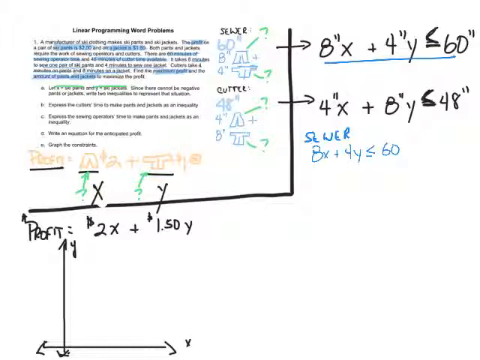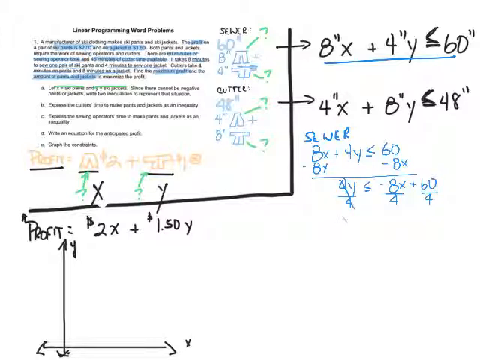So putting it into y equals mx plus b, let's subtract 8x from both sides. And I'm left with 4y is less than or equal to negative 8x plus 60. Now I can divide everything by 4. I'm not going to use a calculator, so 4 over 4 is just 1.